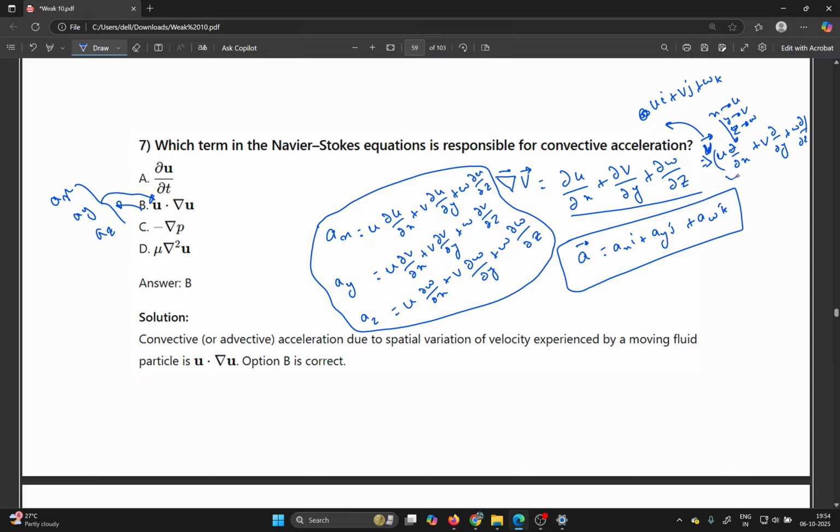Let us multiply this equation with this equation. So u, I will write here u, and when you multiply del by del x with i, that is ui, you will get del u by del x.